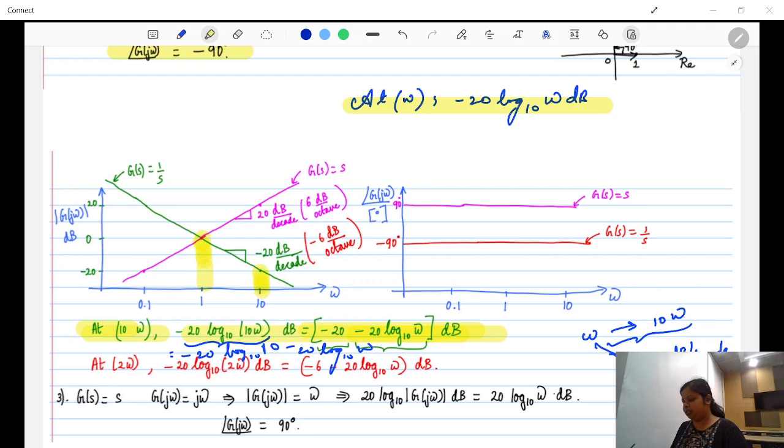What would happen if omega is 10? If omega is 10, this would become 0. Sorry, I made some mistake.